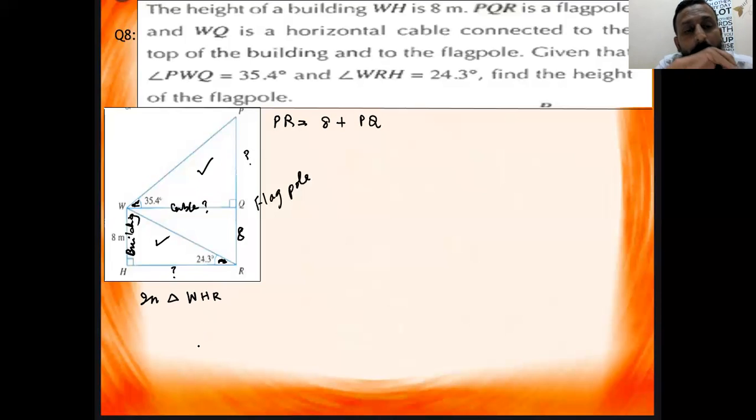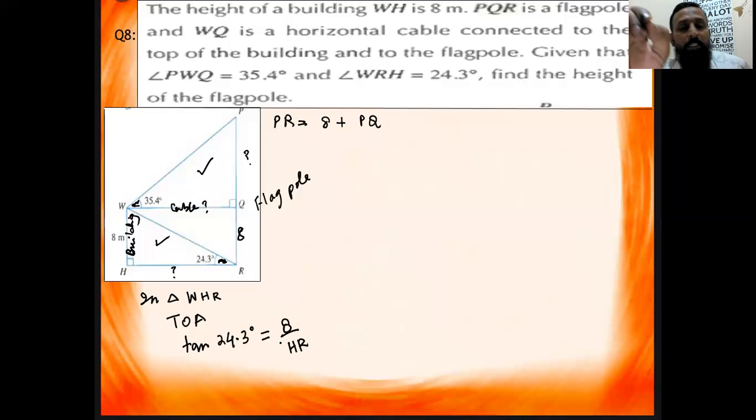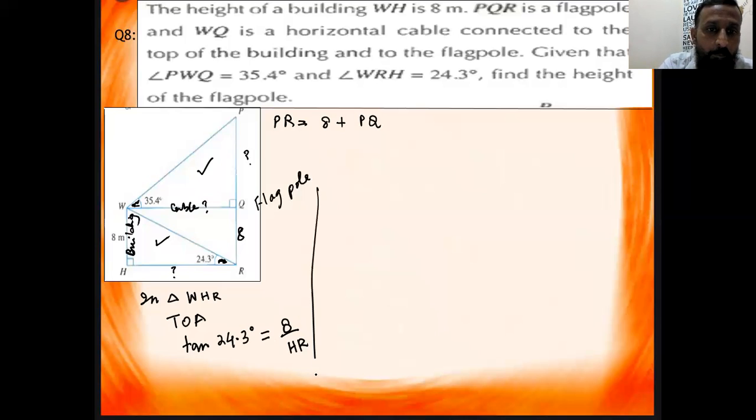Now, I need to calculate the adjacent side. Opposite side is given to me. Adjacent and opposite, they both come into tangent, so I'm using this tangent function. Tangent of this acute angle given to me, 24.3 degrees, equals opposite upon adjacent HR. Now, cross multiply HR over there.